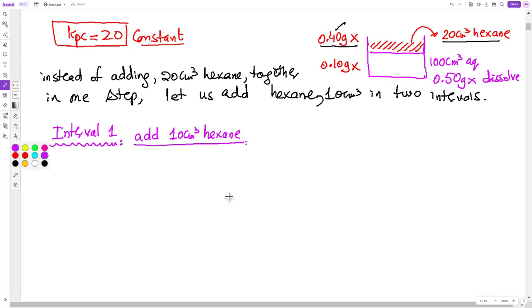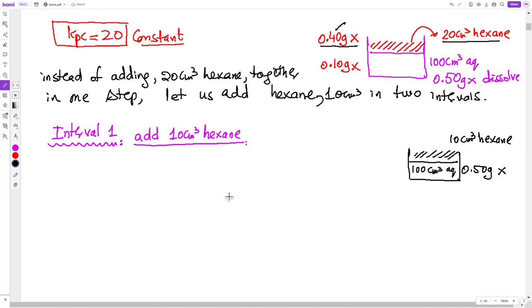So let us make the diagram again, beta. We had 100 cm cube water originally, and 0.50 gram of X was dissolved in this. Now we added 10 cm cube hexane, and now we will shake the mixture.